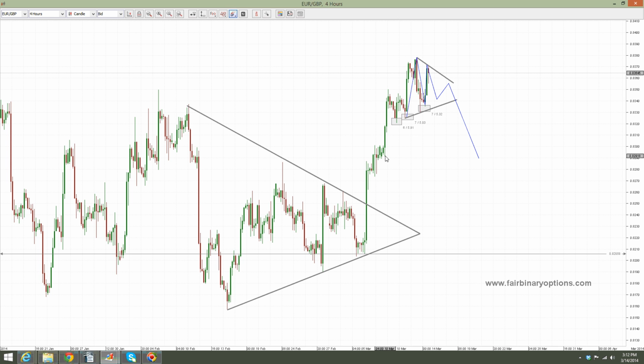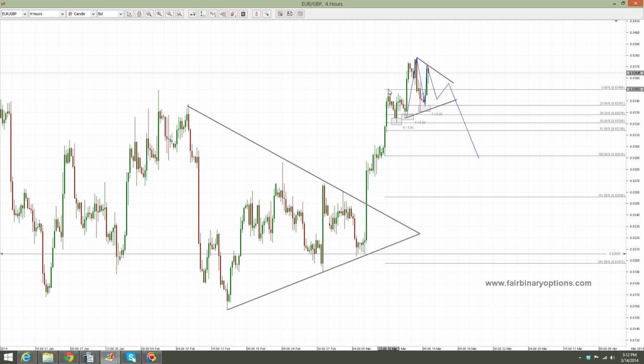Let's just take a Fibonacci from here to here, and then we need to take a 161.8 extension. Like this, and then see if the previous wave here fits into this extension. And as you can see, it is actually not fitting into this extension, just by a little, but nevertheless.